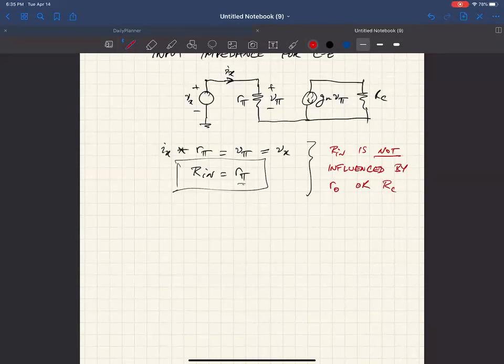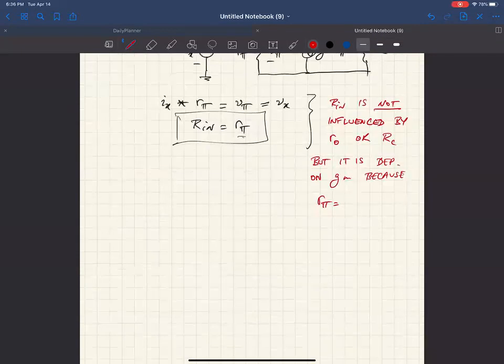But it is dependent on the transconductance, because R sub pi is beta over gm.